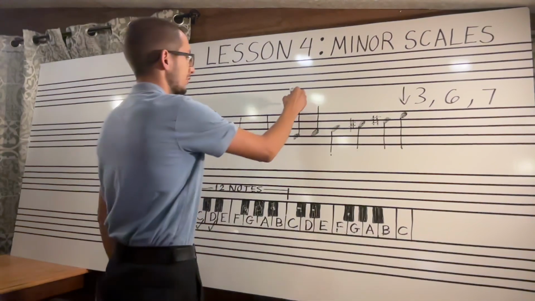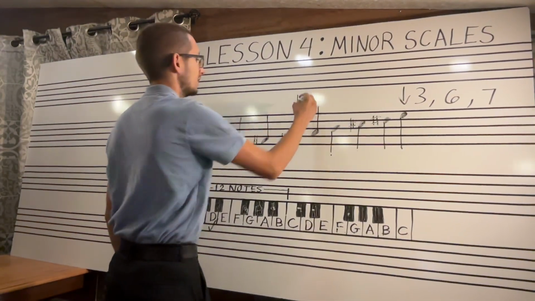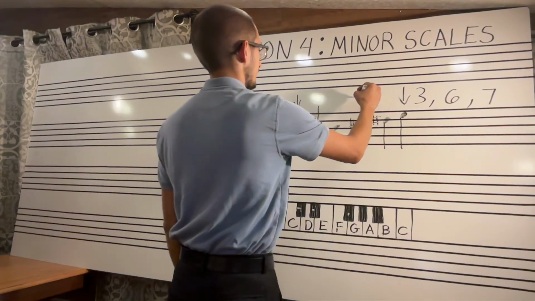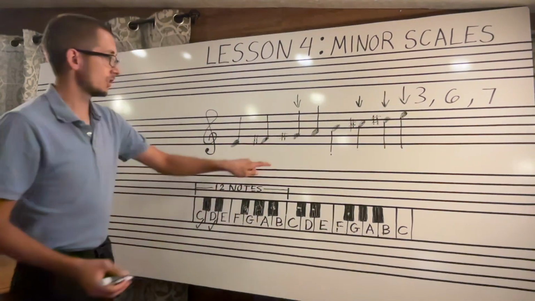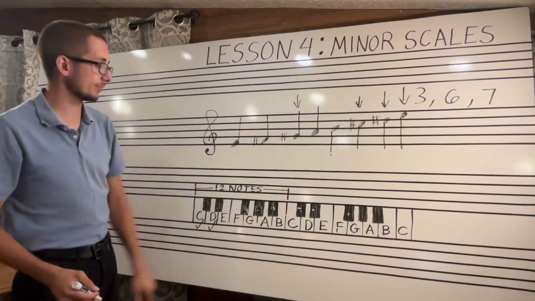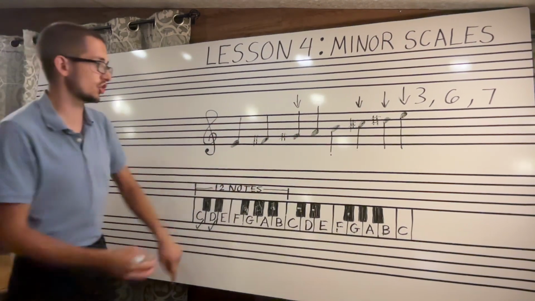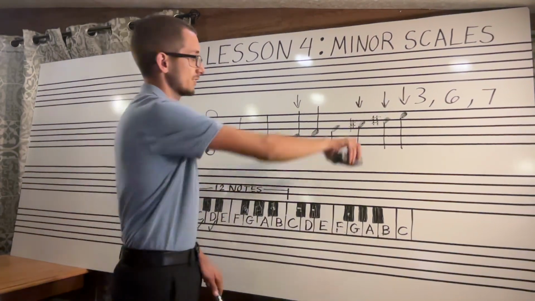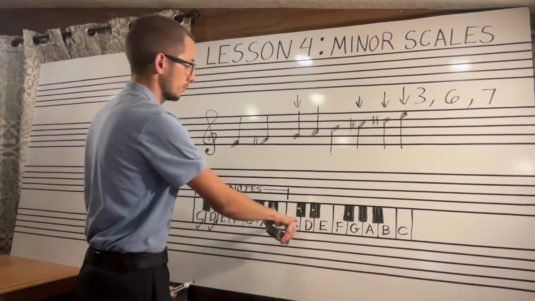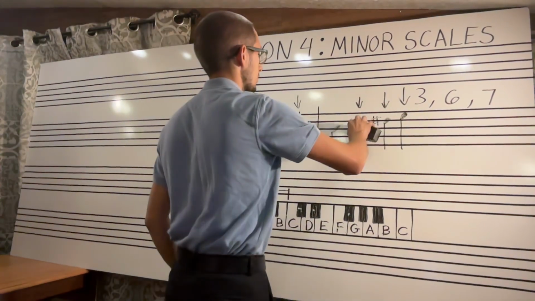Let's lower the 3rd, 6th, and 7th notes of the scale. So if we lower this G sharp, that becomes a G natural. So we'll just take away that sharp. Let's lower the C sharp by a half step. That becomes a C natural. We'll just take away the sharp.